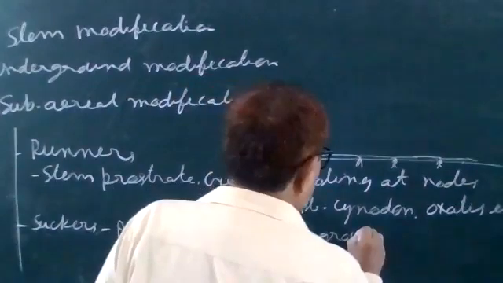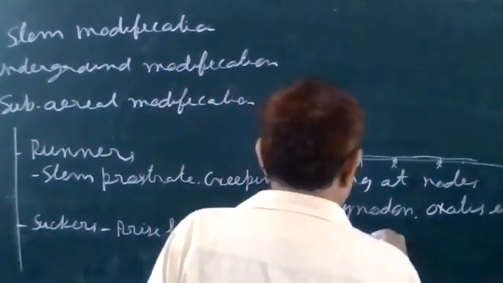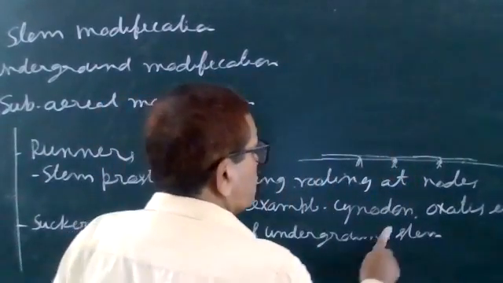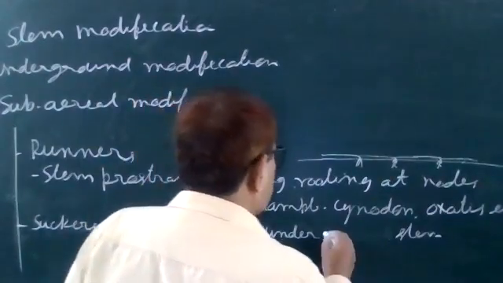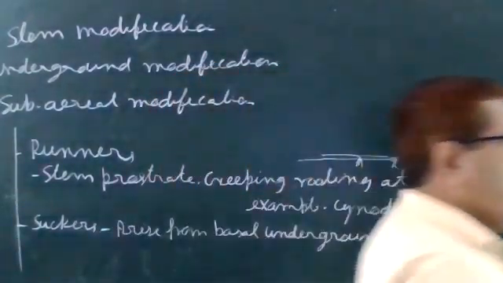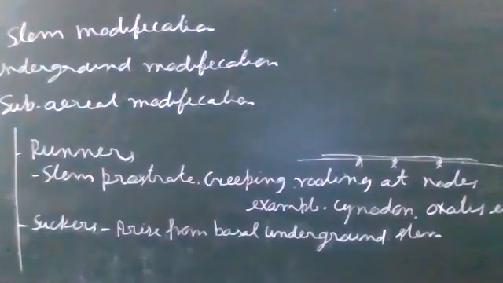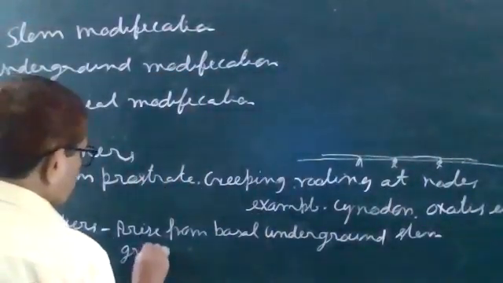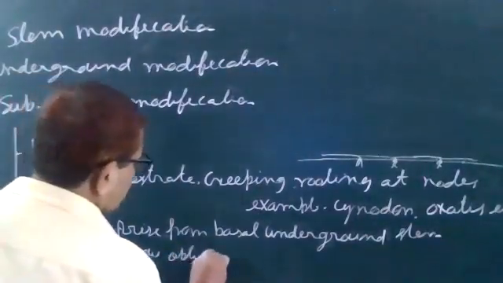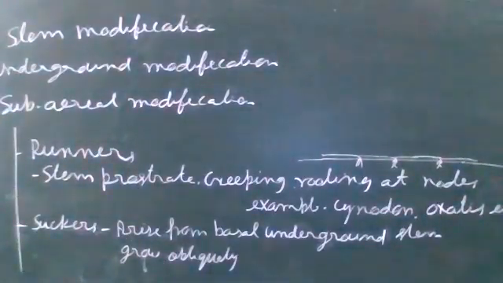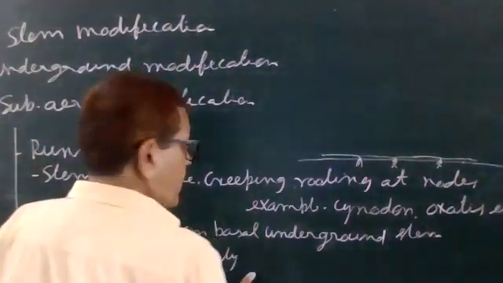The underground stem grows obliquely upward.